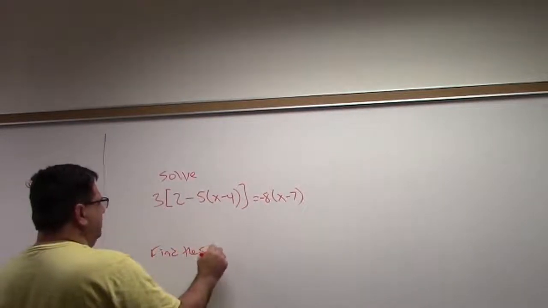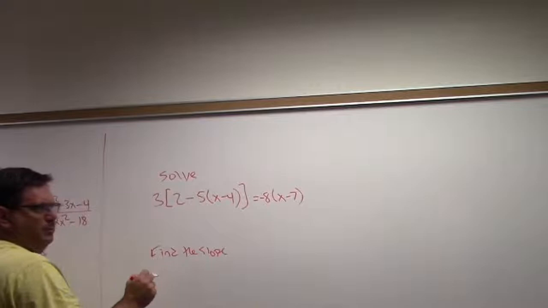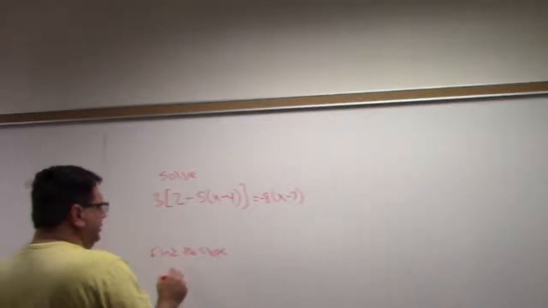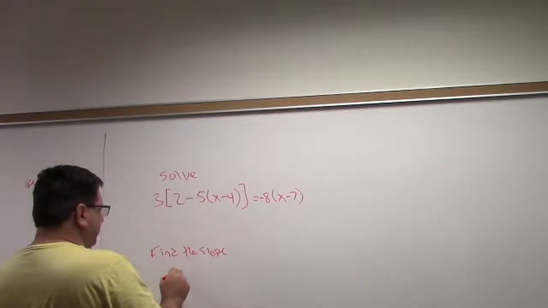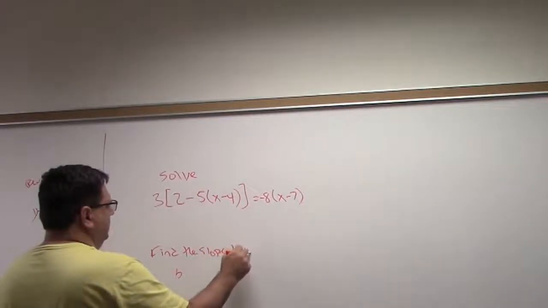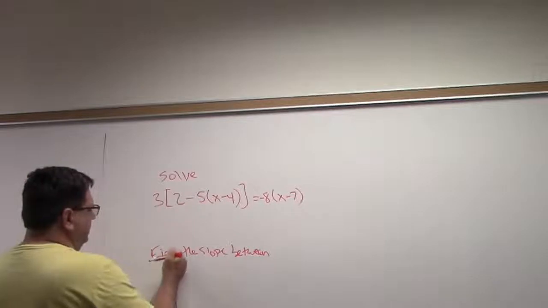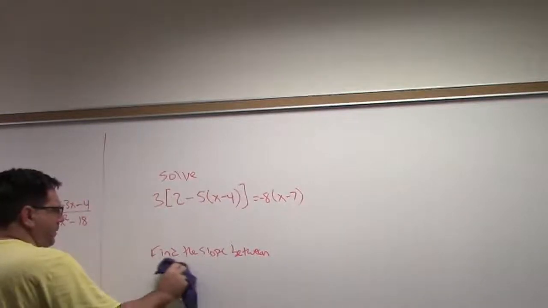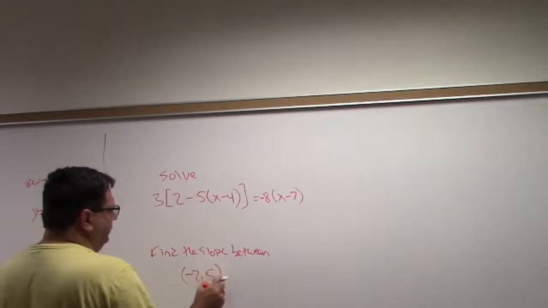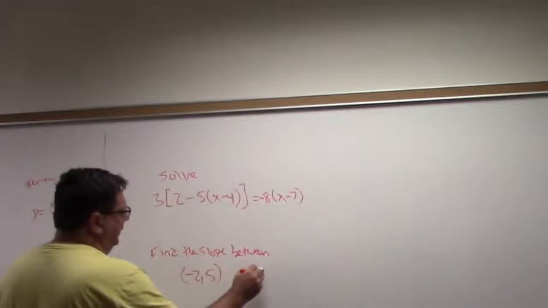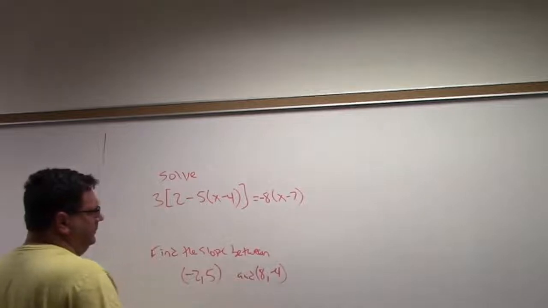Let's find the slope. Let's find the slope for between -2, 5 and 8, -4.